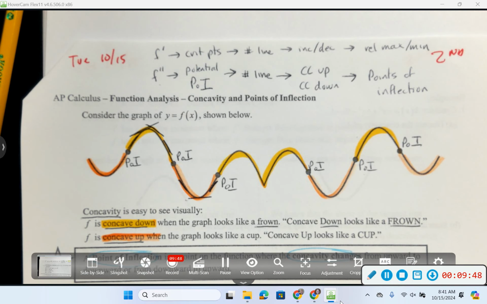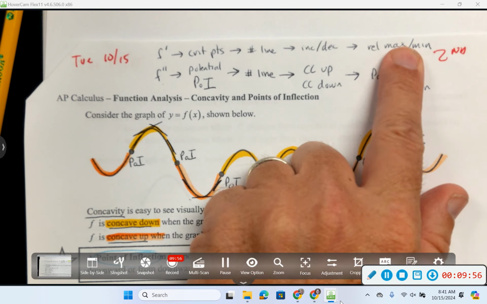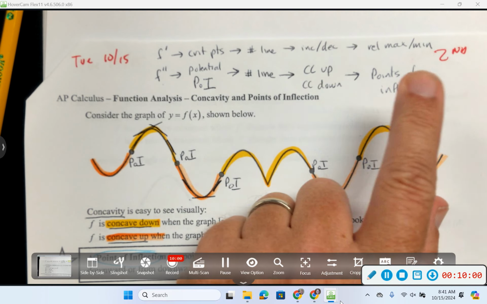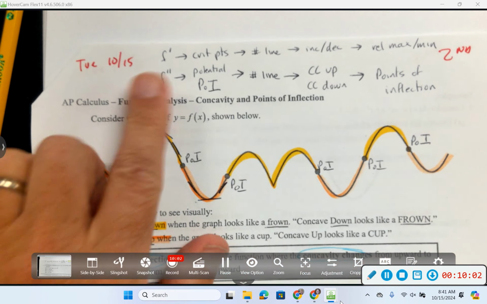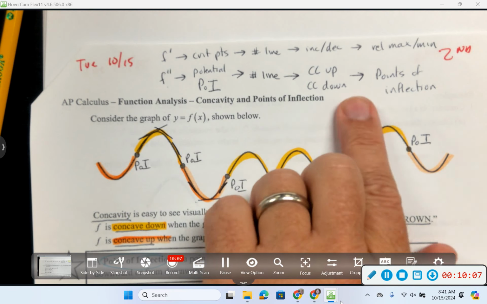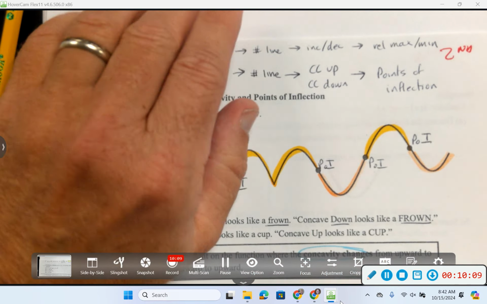So it's a weird day that the process is nearly identical to what we did yesterday, but the conclusions are different. Instead of making conclusions about maxes and mins, we'll be making conclusions about concavity and points of inflection. First derivative tells us maxes and mins. Second derivative tells us concavity and inflection.